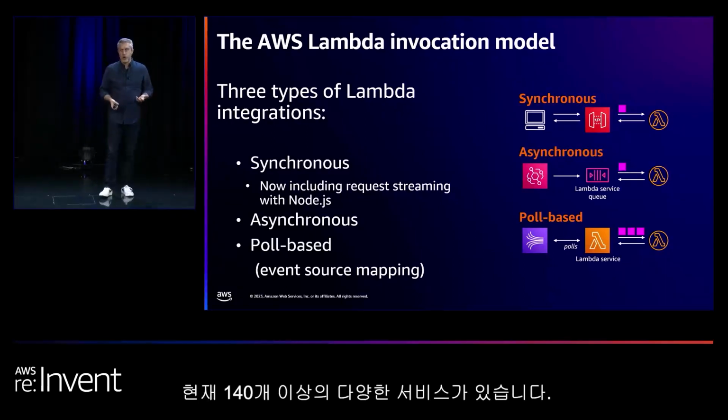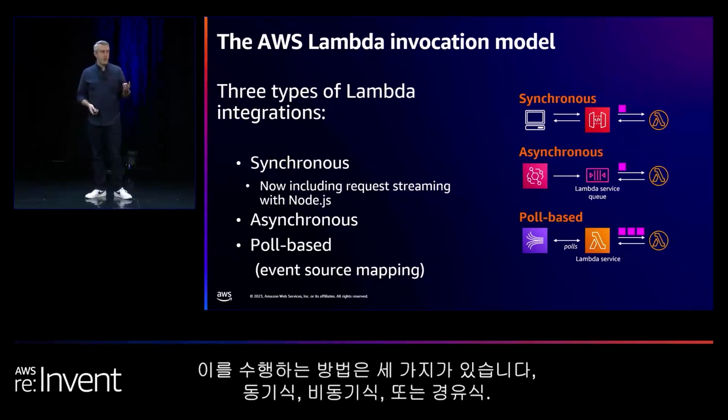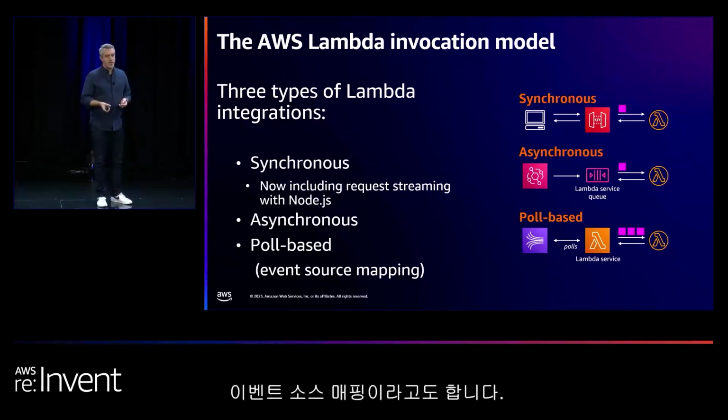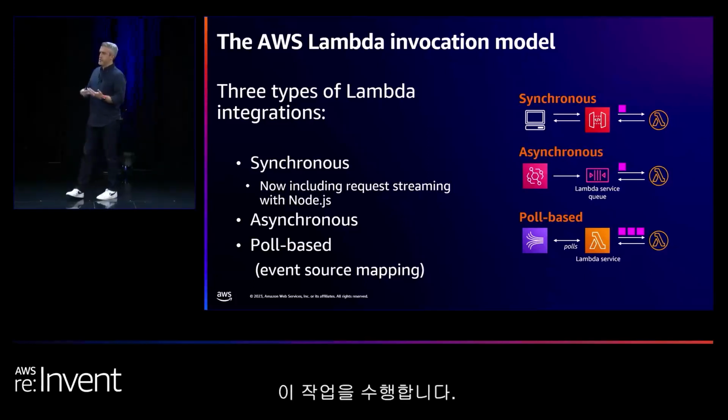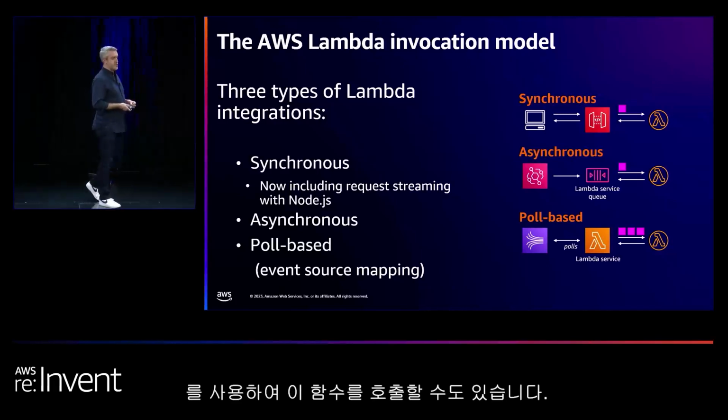Now, today there are over 140 different services that can invoke Lambda functions on your behalf, and there's 3 ways that they do that: synchronously, asynchronously, or via what we call a stream or pull-based model, otherwise known as event source mappings. Now, each of the different services, again, do this on your behalf. You can also use the API directly to invoke these functions.